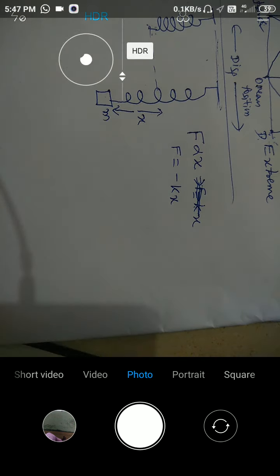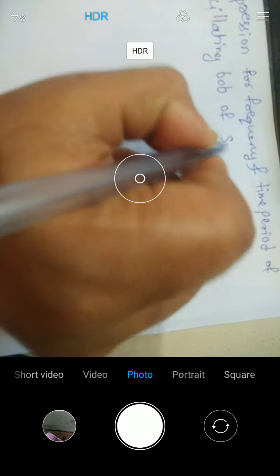Okay, that is, suppose, we'll see the expression for frequency and time period of an oscillating bob of a simple pendulum.